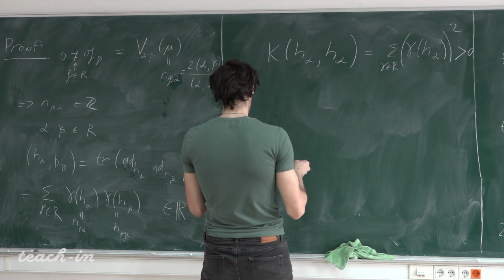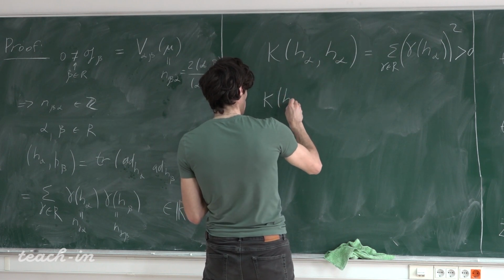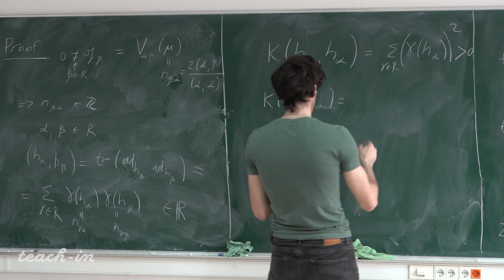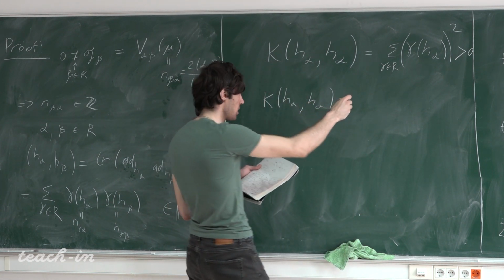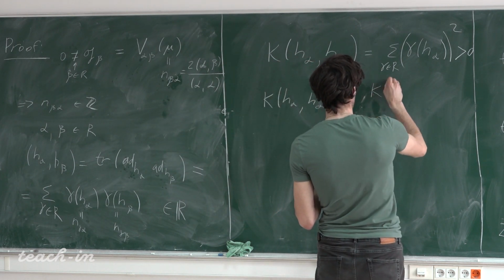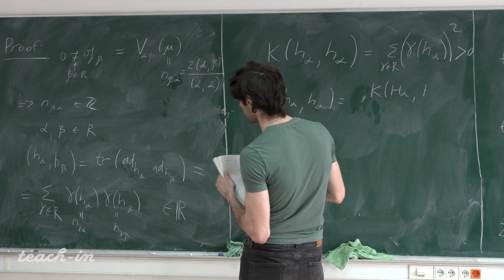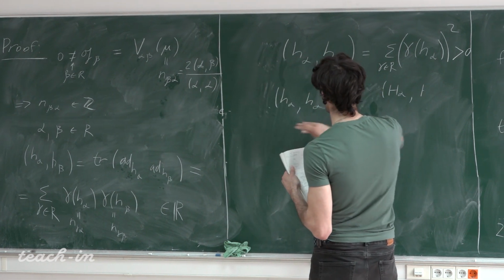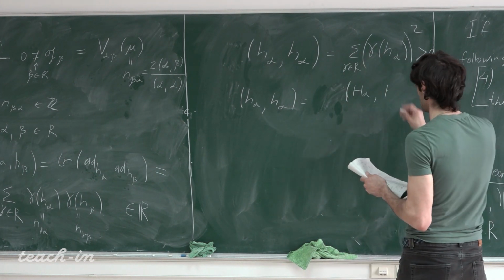But we also have that, let's plug into this the definition of H small in terms of H capital. Killing form is just by our notation this.